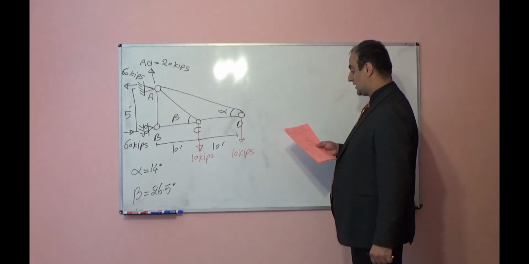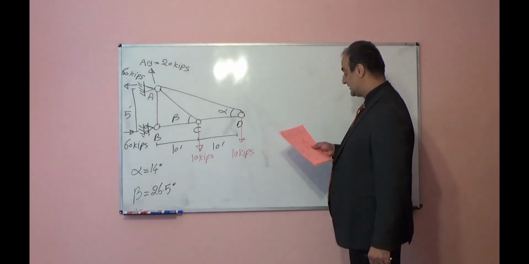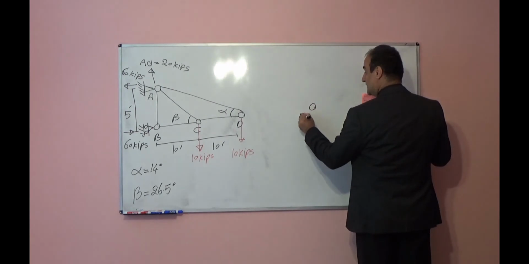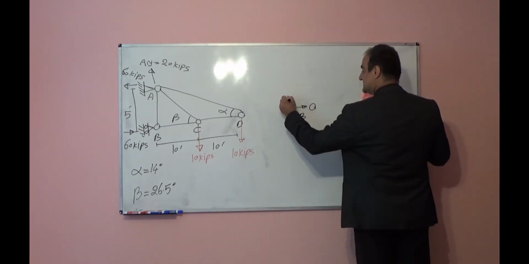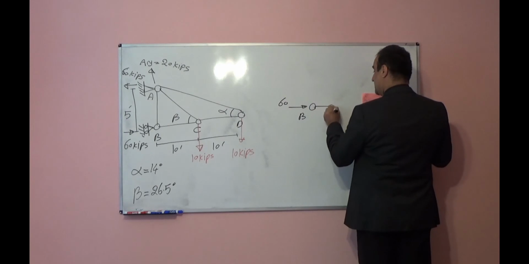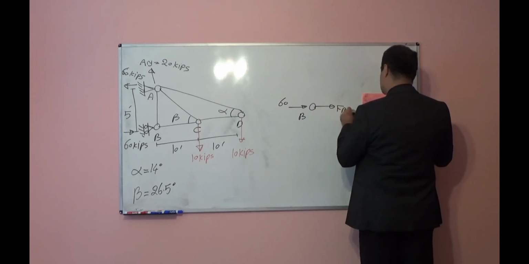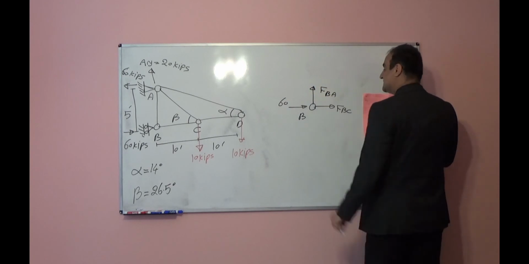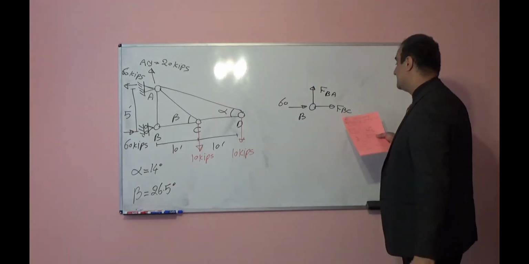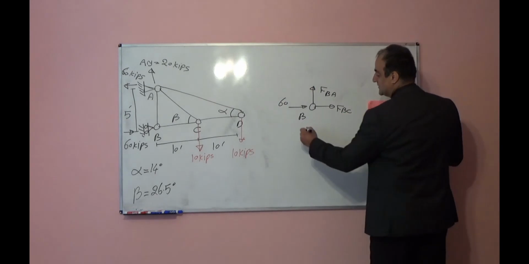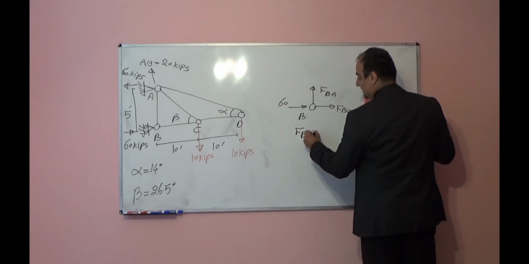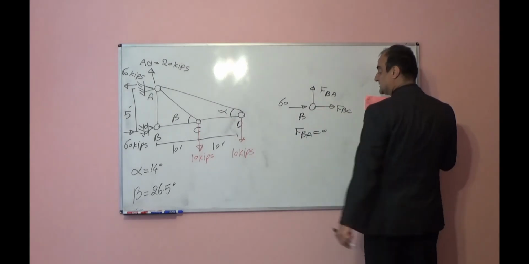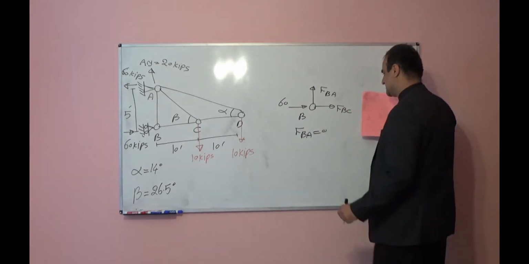I have two unknowns. For example, I'm cutting joint B and I'm showing the free body diagram for joint B. This will be 60, this will be F BC, and this will be F BA. Summation of forces in vertical direction equal to 0. It means F BA is equal to 0 because there is no other external force in the vertical direction.